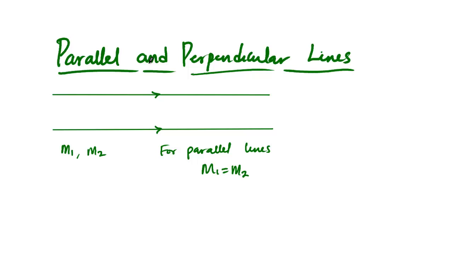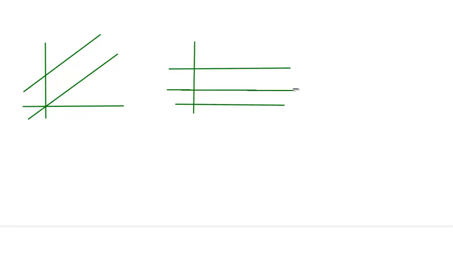So let me give an example of parallel lines in a coordinate plane so that we can understand. For instance, if I have a coordinate plane like this, this line and this line are parallel to each other. So it is not only when they are horizontal. For example, if I have another coordinate plane like this, this line and this line are parallel to each other, okay?